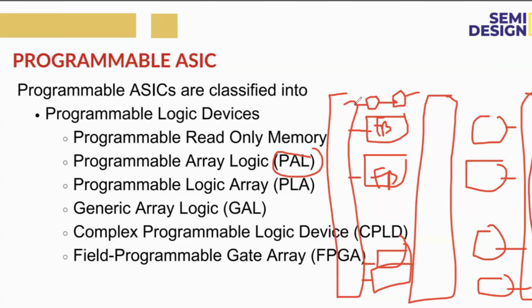Anyway, if you convert any digital block, we will get AND-OR, right? If you convert AND-OR into universal gates, then it will be NAND and NOR, basically AND-OR at the time of ASIC designs. So every functional block has an AND array and OR array along with the macro cells.